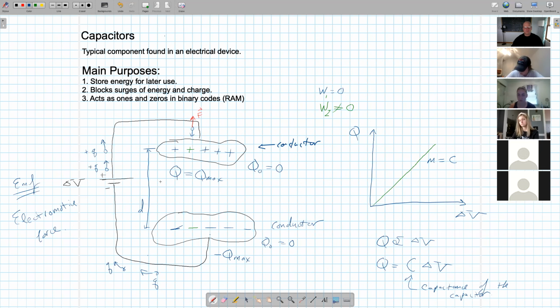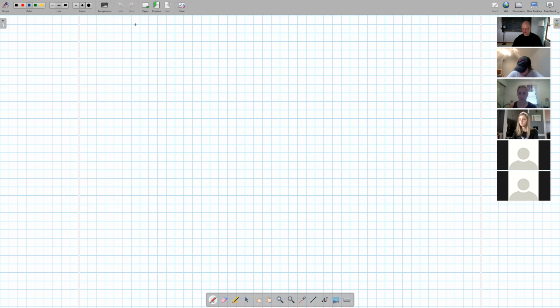All right. So it turns out that for complicated geometries, the capacitance is very, very difficult to come up with, but capacitance is solely determined by geometry. So capacitance is solely dictated by the geometry of the capacitor, which basically means that as we change the geometry of that capacitor, we change the capacitance of the capacitor.